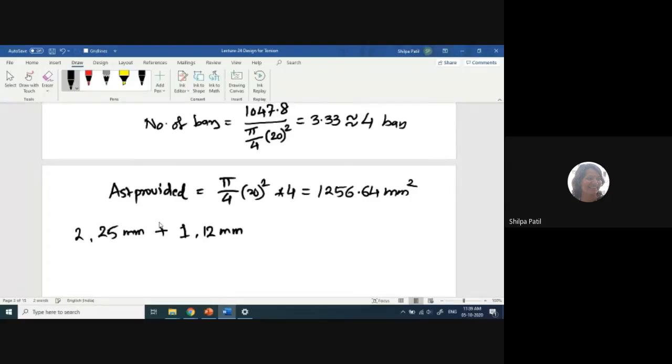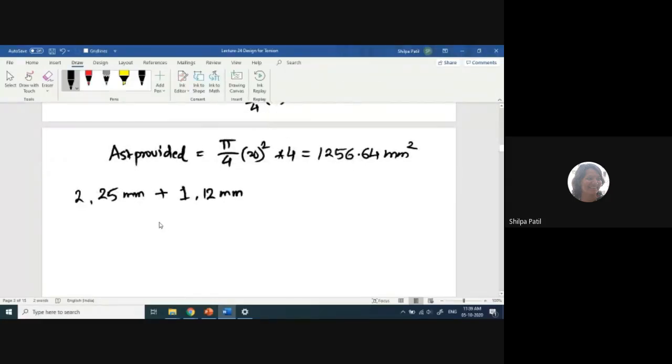Okay, find out the area for this. So AST will be pi by 4 d square, 2 bars are provided, plus pi by 4, again 12 square, and such 1 bar is there. What is the area?